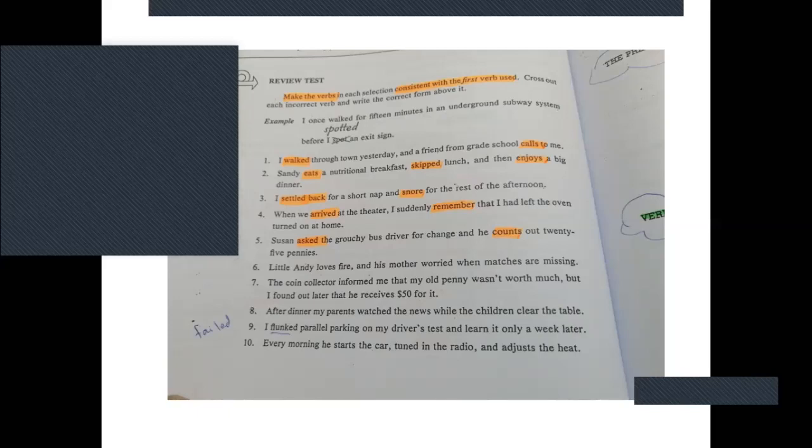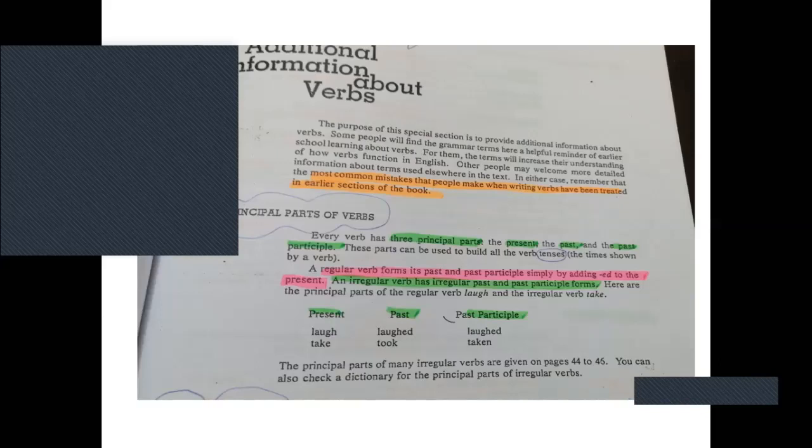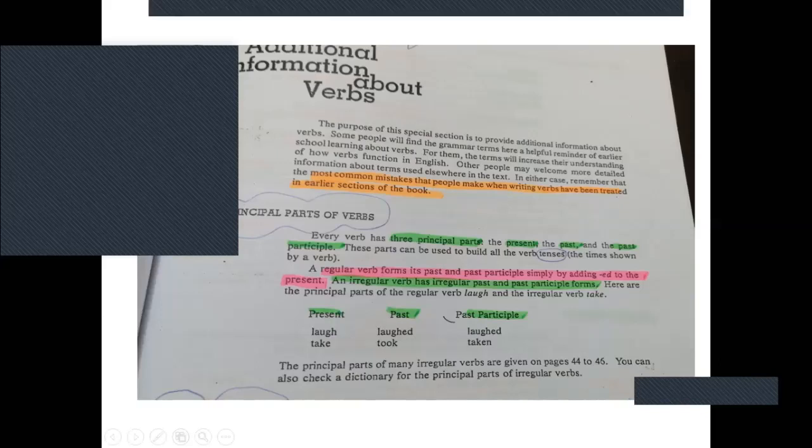So this part is done. We're moving to something else right now. Additional information about verbs, page 63. I just highlighted the important parts that I want you to pay attention to. The most common mistakes that people make when writing verbs were treated in the earlier section when we talked about the principal parts of the verbs.